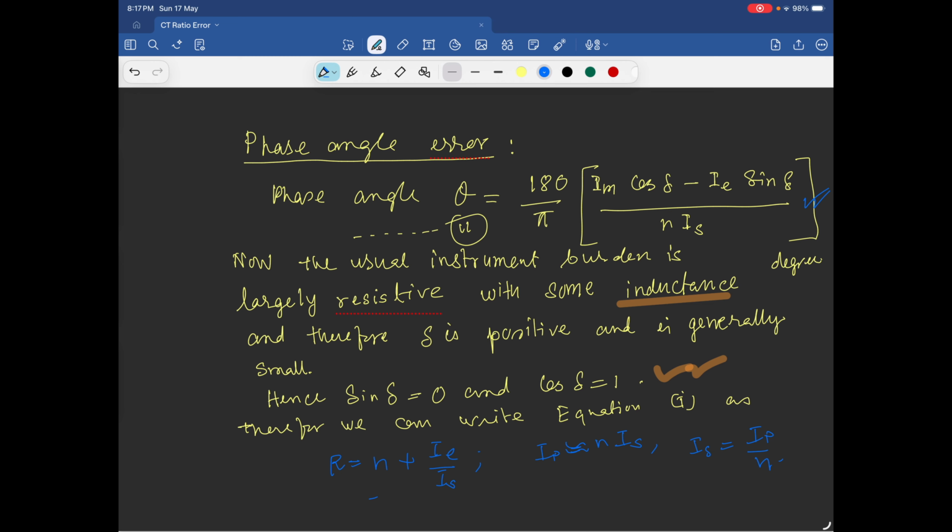So it is equal to N plus NIE by IP. So this is the expression. This is equation 2, and this equation is 3.